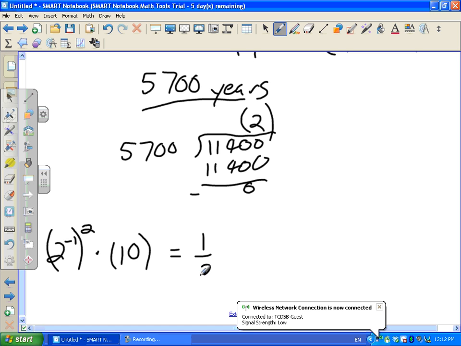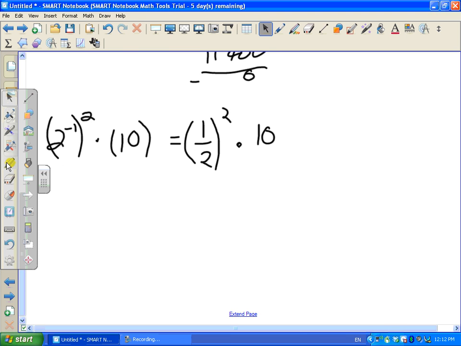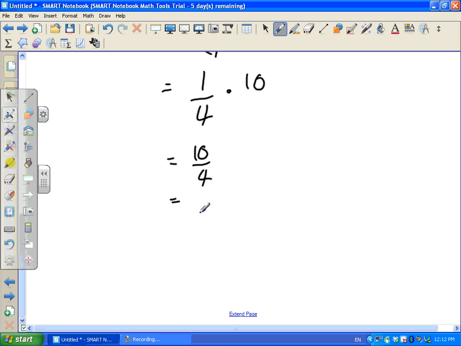It becomes 1 over 2, but it's still to the power of 2 on the outside, and we multiply by 10. I then square the half, which becomes 1 over 4, multiplied by 10. 10 over 4 is equal to 2.5.